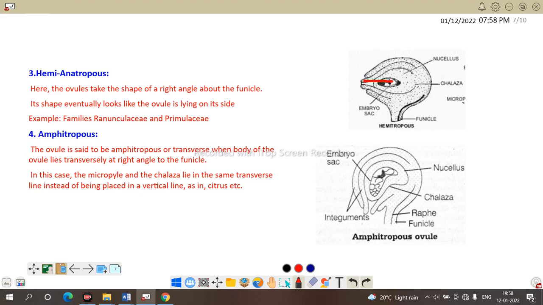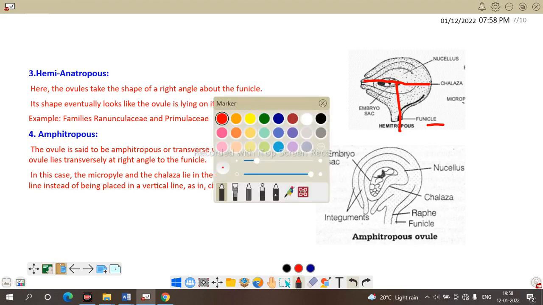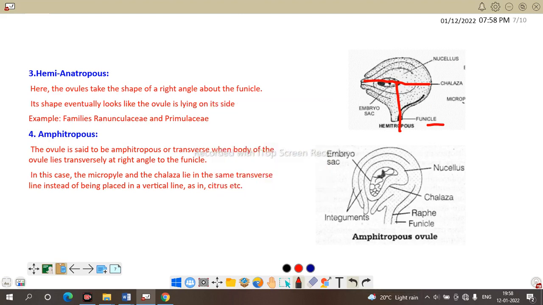It is perpendicular. With the funicle it makes a T shape, a right angle. Examples are Ranunculaceae and Primulaceae.